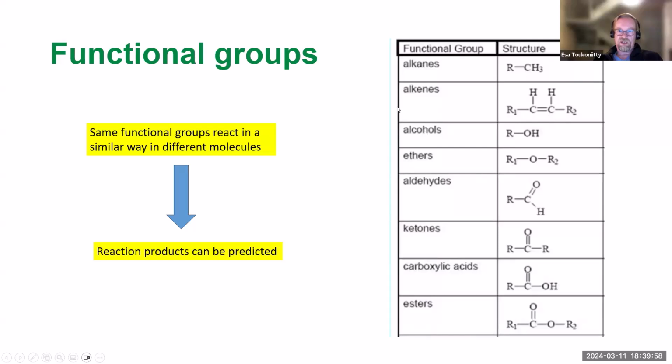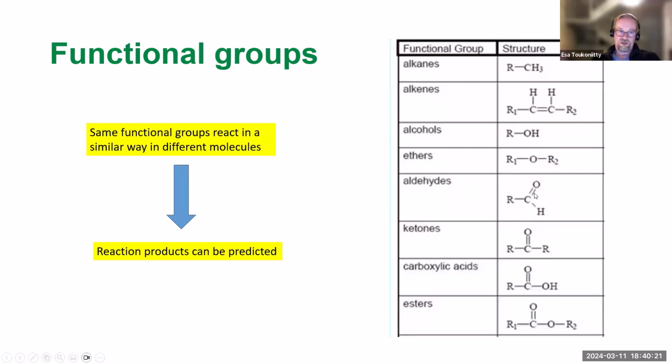Double bond containing, so alkenes. Alcohols have this hydroxyl group, OH group. Ethers, like in sugars, have this oxygen bridge. Aldehydes and ketones are so-called carbonyl compounds, and they have the carbon-oxygen double bond.